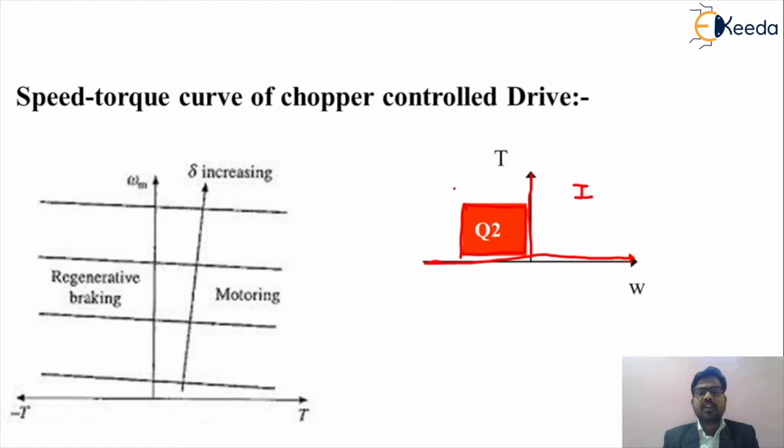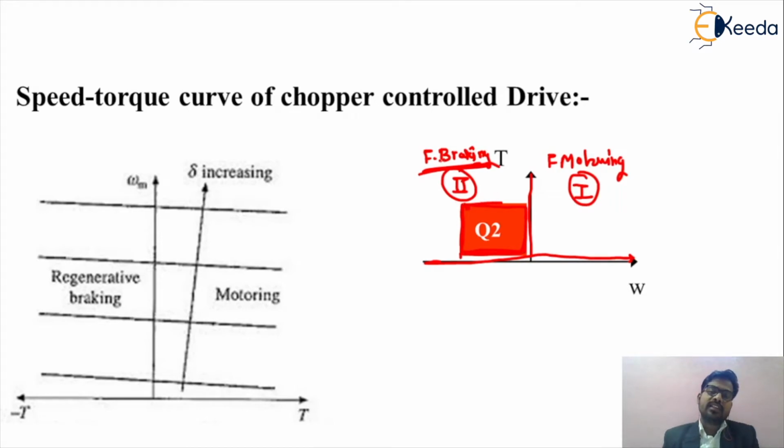This will be the first quadrant, this will be the second quadrant of operation. The first quadrant is motoring, and as we know, in regenerative braking the drive is operated in the second quadrant, quadrant number 2, which is called forward braking.